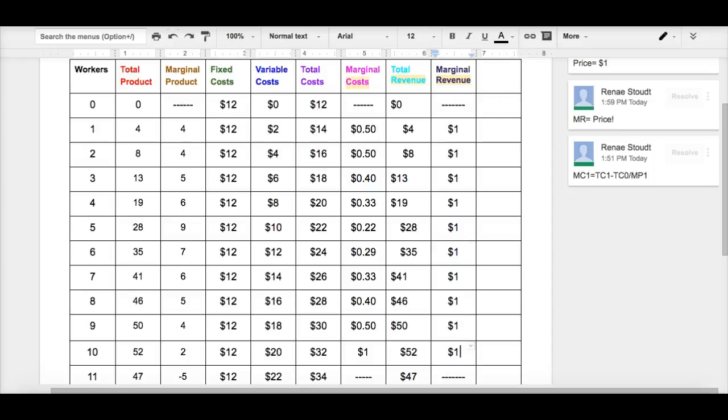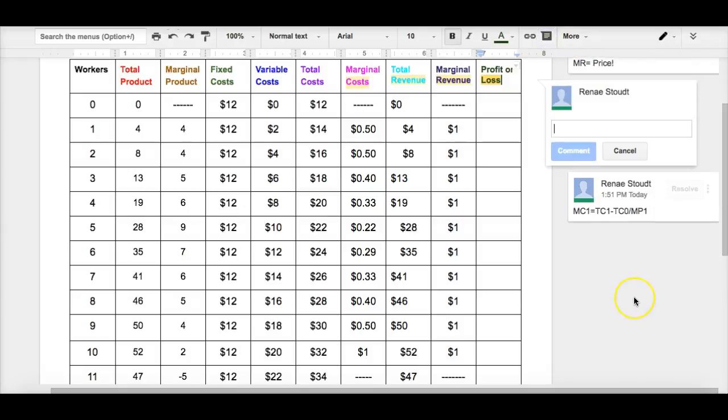All right, now we come to our last column, profit or loss. Are we making money or are we losing money? Well, in order to figure that out, profit or loss, P or L, is equal to how much did we totally make from selling our airplanes compared to how much did it totally cost us to produce our airplanes?